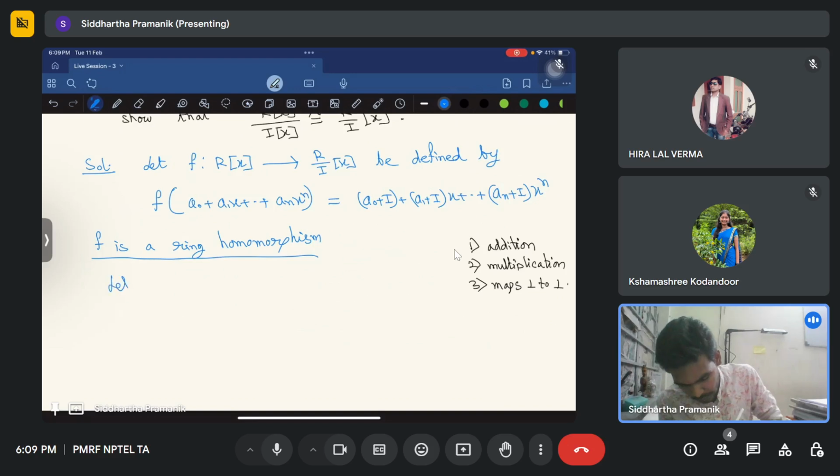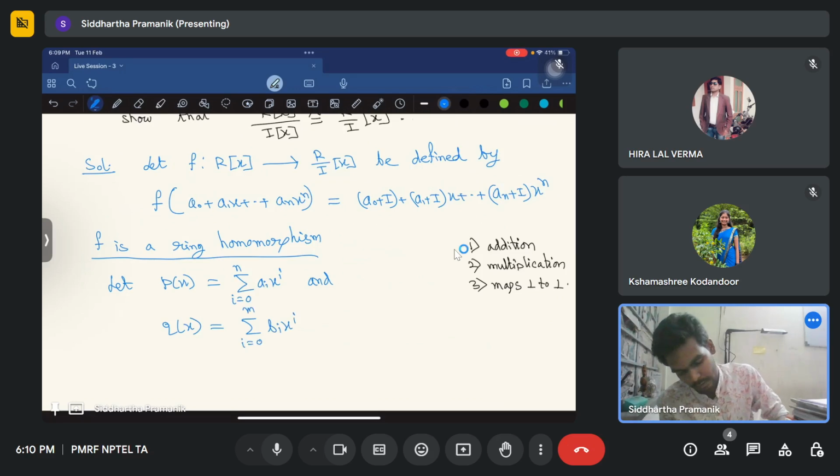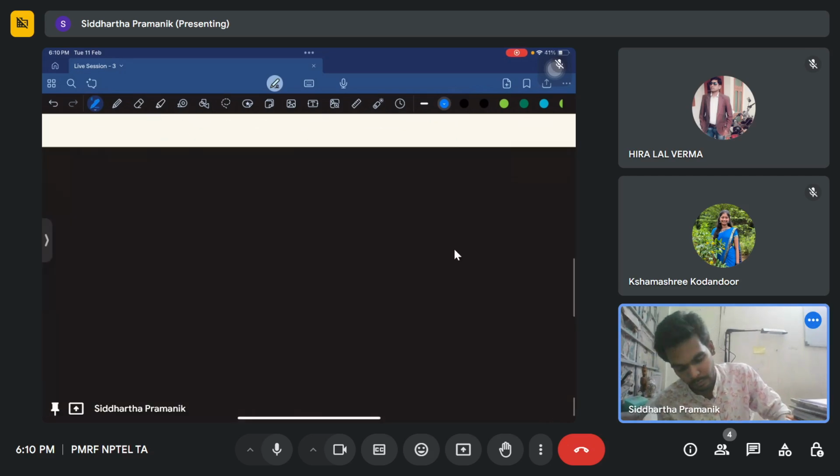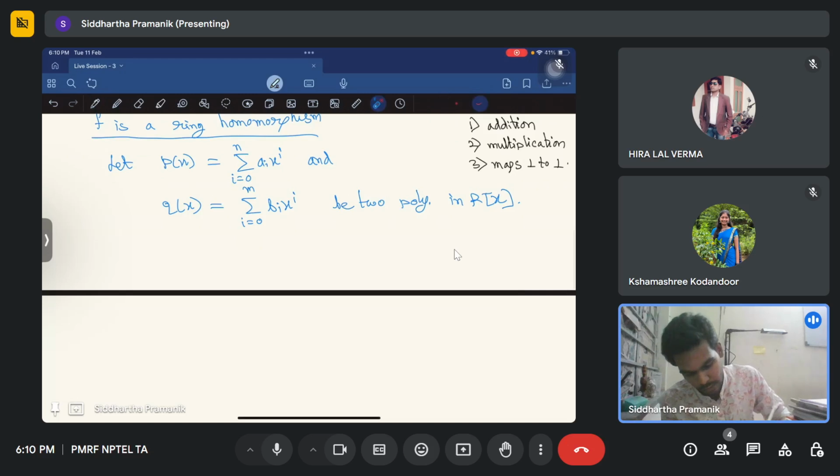Let me write down clearly. You take two polynomials, let p(x) equals summation a_i x^i, i equals 0 to n, and q(x) equals summation b_i x^i, i equals 0 to m, be two polynomials in R[x]. So we need to check f of (p plus q) is the same as f of p plus f of q, right?